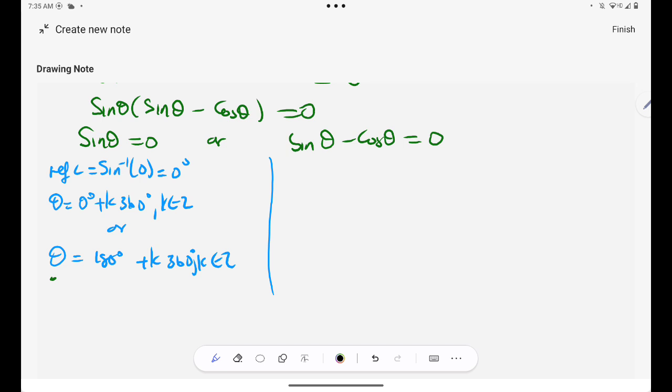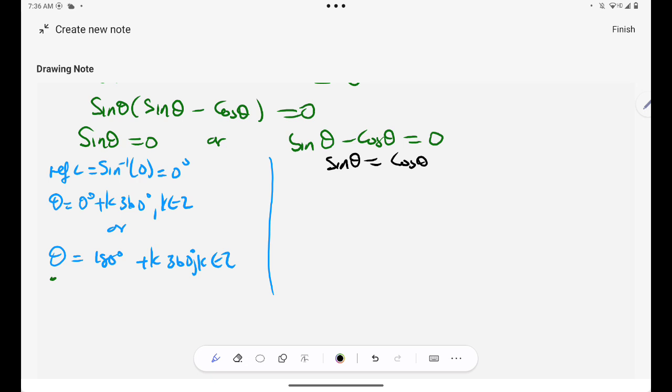Okay, I can say that sine theta is equal to the cos of theta. Alright, together. In this case, guys, I can divide by a trig ratio. Why am I doing that? Because whenever I divide, it's not like that trig ratio will be eliminated in my equation. Alright, together.